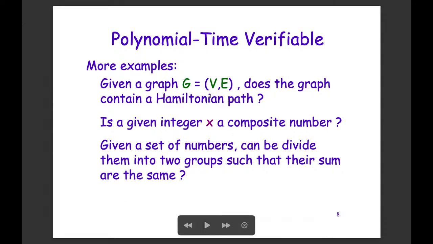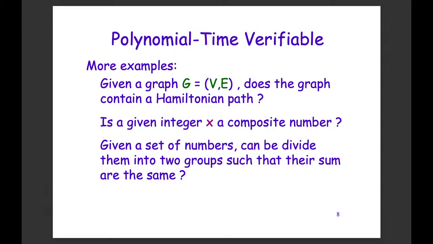Given a graph G, we want to determine whether the graph has a Hamiltonian path. Now, this problem is a polynomial time verifiable problem. Whenever the solution is yes, whenever there is a Hamiltonian path, there is a very easy way to give a proof that the user can check.